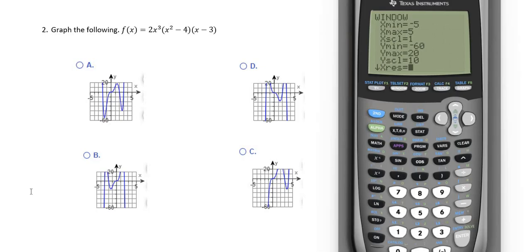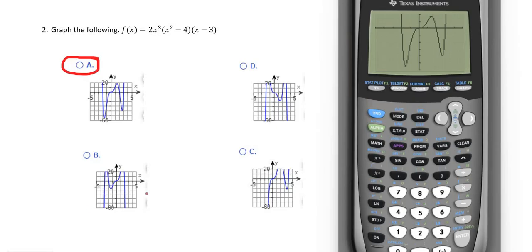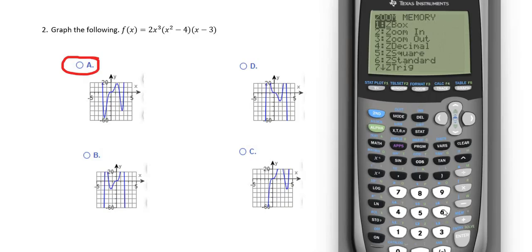And notice that on the horizontal axis, my x values go by increments of 1, and on my vertical axis, my y-axis, my scale is 10. And I see that my graph matches up with option A. And once I'm finished with this problem, I want to reset my window on my calculator to my standard window. And the quickest way to do that is zoom 6.